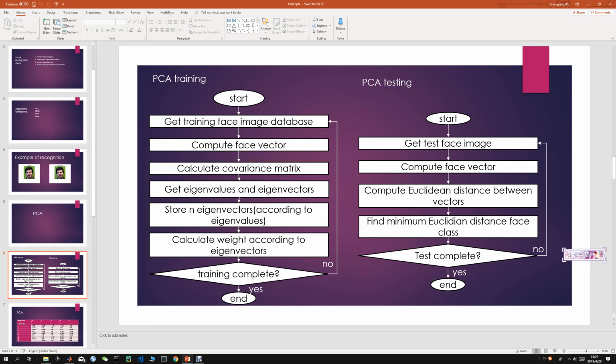If it is not determined, then it will go to the start and do it again. This is briefly the PCA and 2D PCA algorithm.